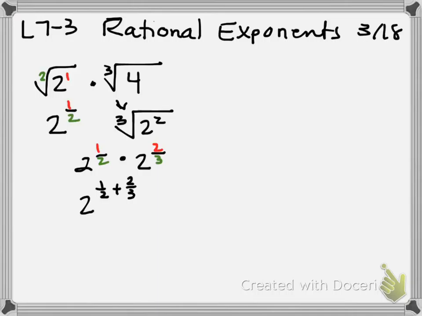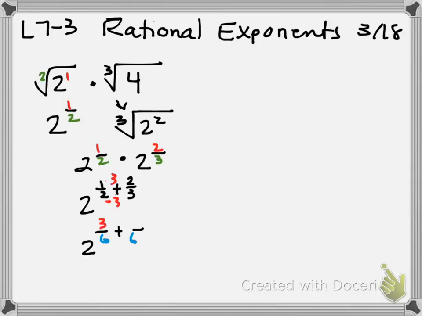Okay. So then we run into the problem with fractions. So what do we need in order to add or subtract fractions? We need a common denominator. So what's the common denominator for 2 and 3? 6. So here, I multiplied top and bottom by 3, giving me a new numerator of 3.